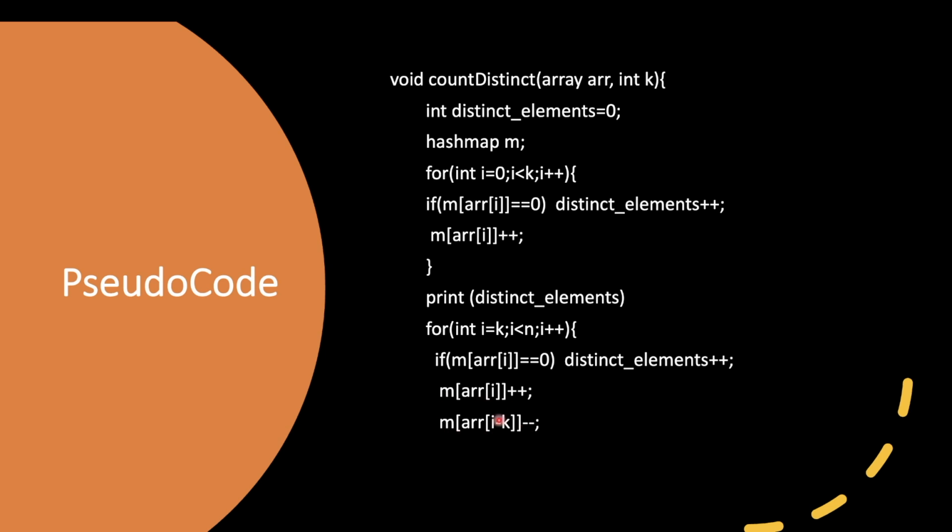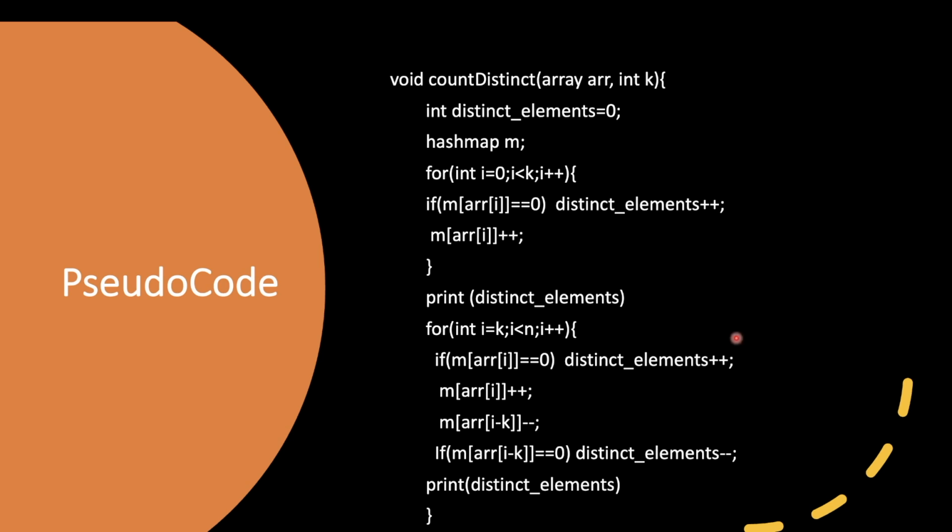And since we are removing it, we will reduce its frequency, minus minus. And if after reducing the frequency becomes 0, that is frequency of arr[i minus k] is equal to 0, that means we have lost the element, and if we have lost the element, we need to reduce the distinct elements, minus minus, and after that we will print the distinct elements we have.